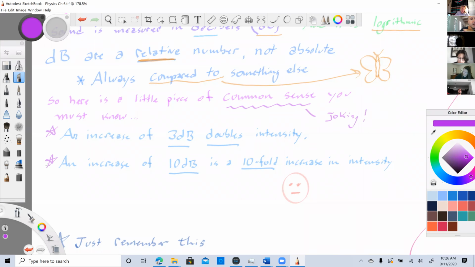You need to know an increase of 3 decibels doubles your intensity. And if you work it out with a calculator, it works.